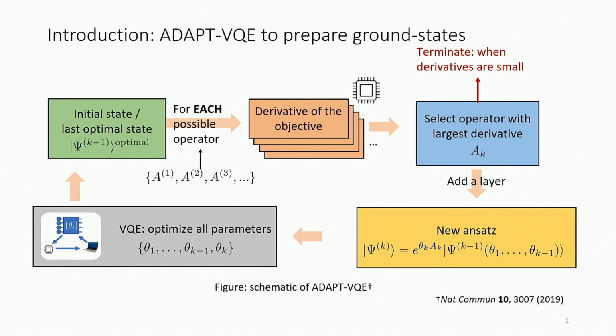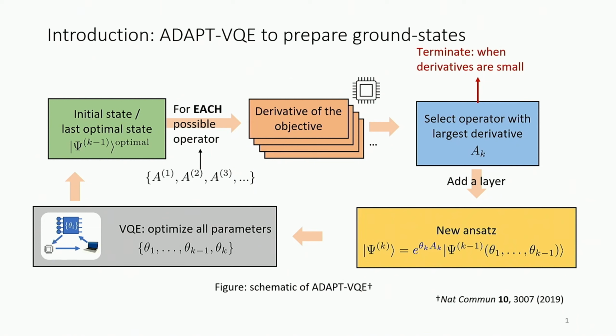And the way it works is by starting with an initial reference state. Now, there's an important input that goes into the problem, which is called the operator pool, which you can think of as a set of building blocks with which you would construct your wave function ansatz. So what the algorithm does is, at each step, it tests out the capability of each operator in the pool to lower the energy of the system.